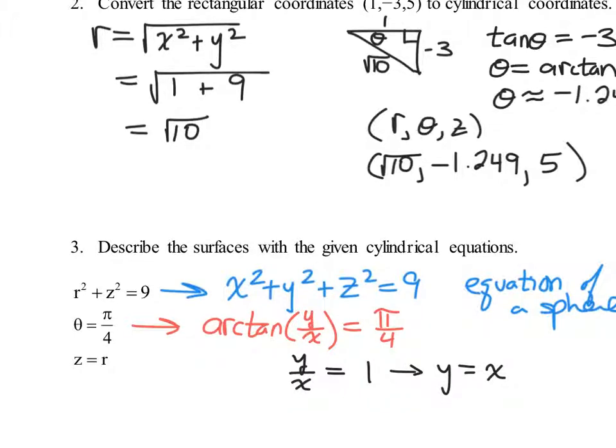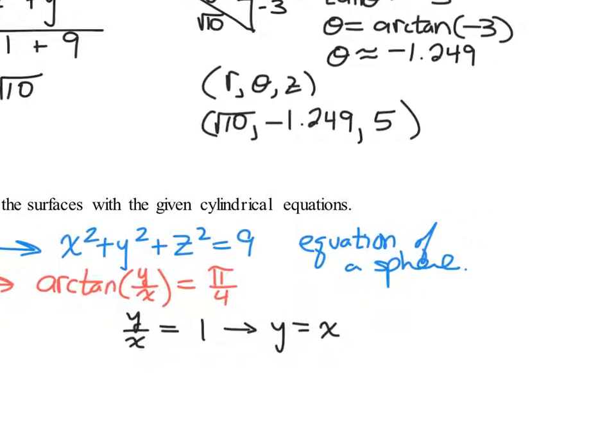All right, so just by taking the tangent of both sides, because if I take the tangent of the arctan, that cancels out. Tangent of pi over 4, unit circle, tangent of pi over 4 is equal to 1. All right, so we get y over x is equal to 1, which gives us this equation y equals x, but it's in 3 space, so this is not the equation of a line, it's the equation of a plane.